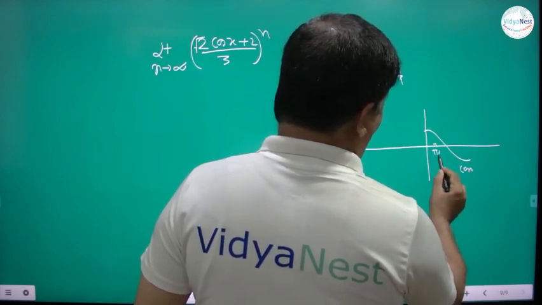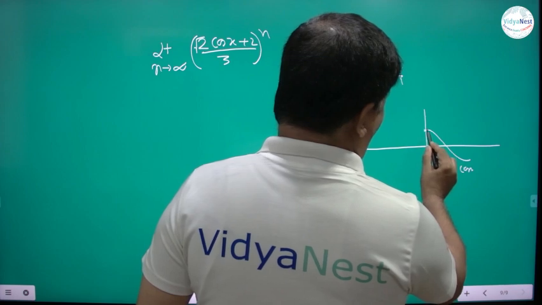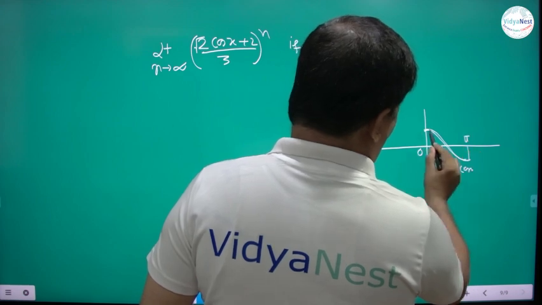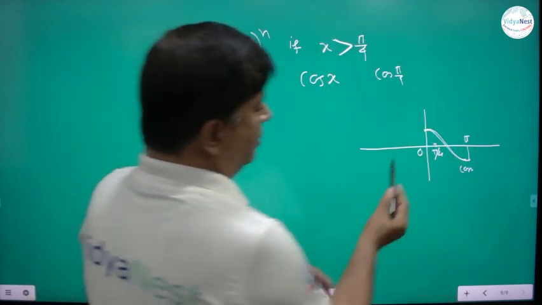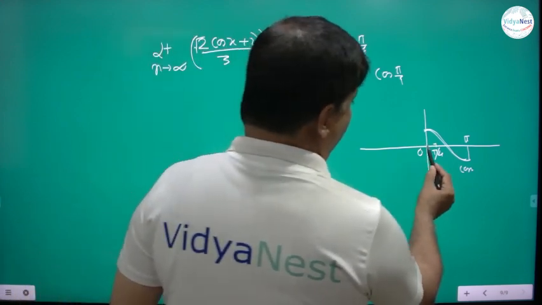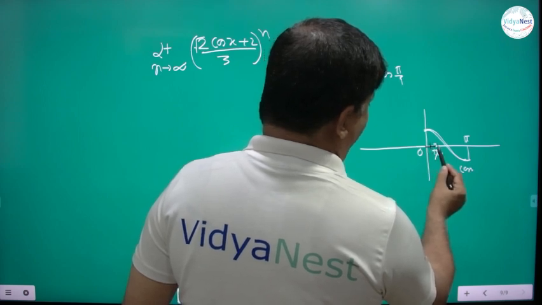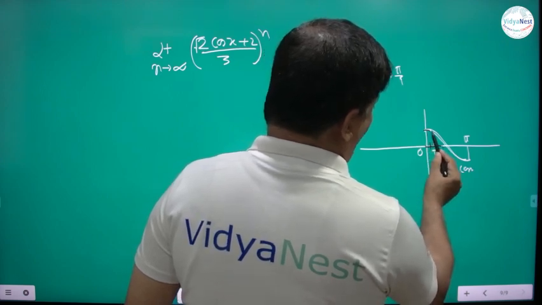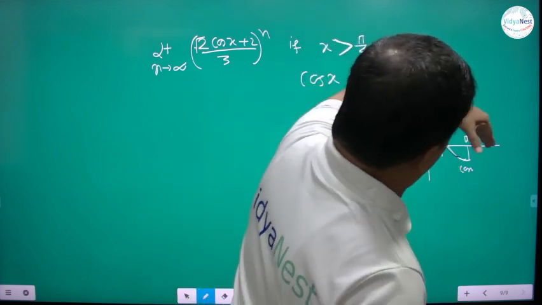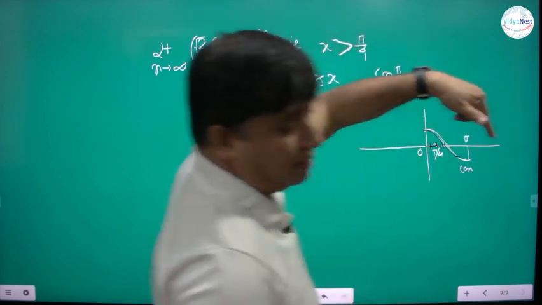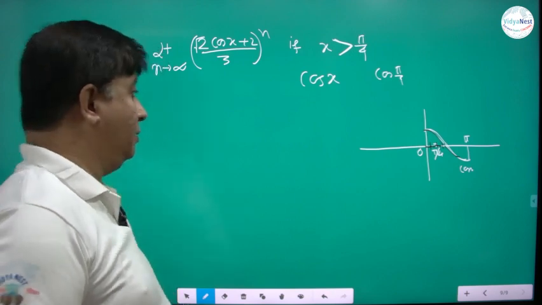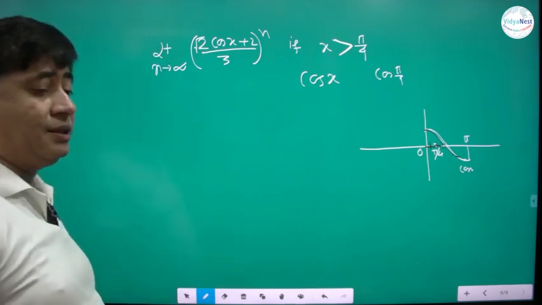There is pi by 4. So here from 0 to pi, cos x is decreasing. Why? You are giving increment to x, but cos x is coming down. So x is increasing, but cos x is decreasing. Yes or no? So it is a reverse function. Understand?